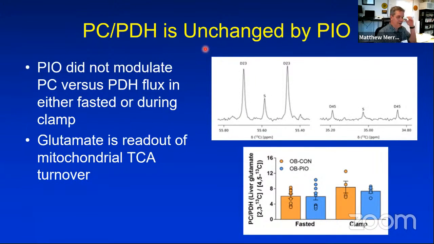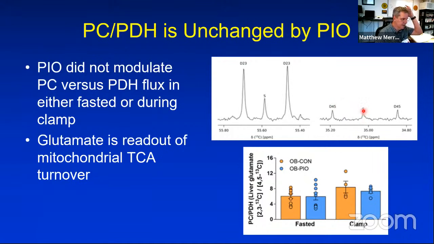So here we are, stunned again by the ratios that we see. Here is the isotopomer associated with pyruvate carboxylation in the carbon-13 spectrum that you see. This will come only from pyruvate oxidation.